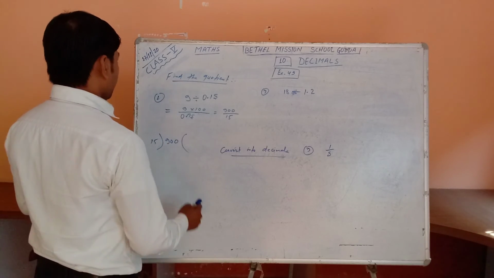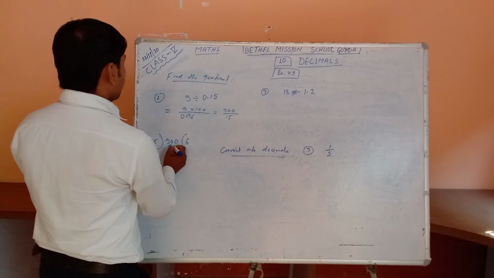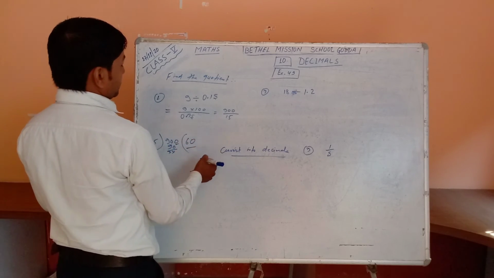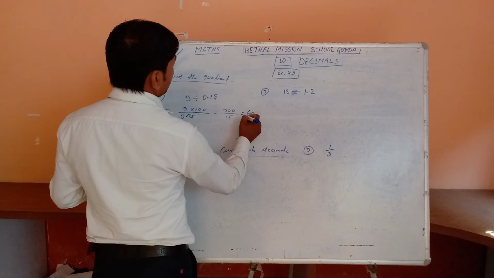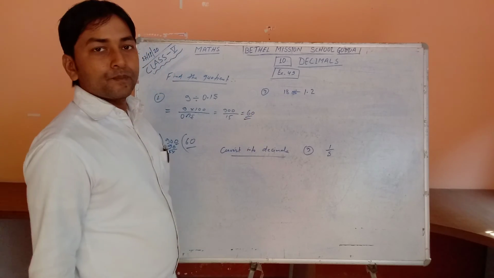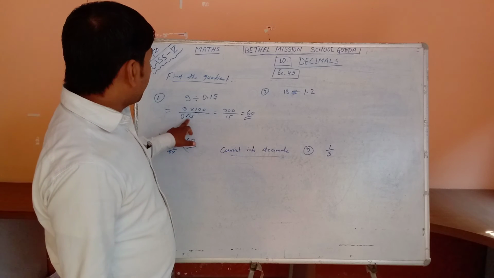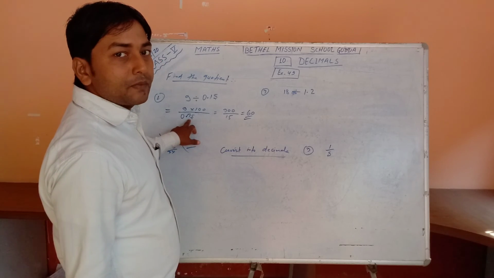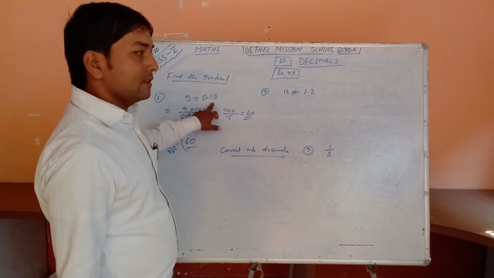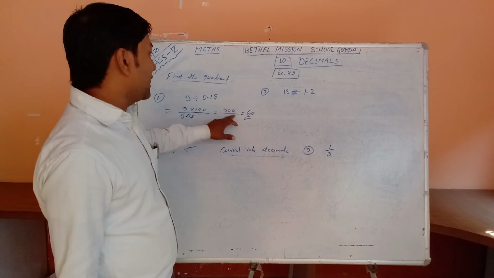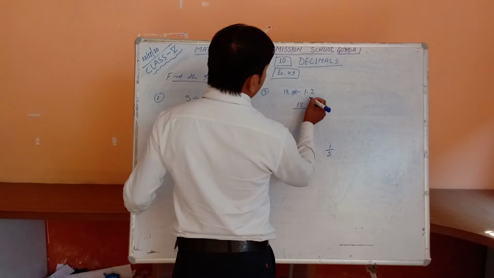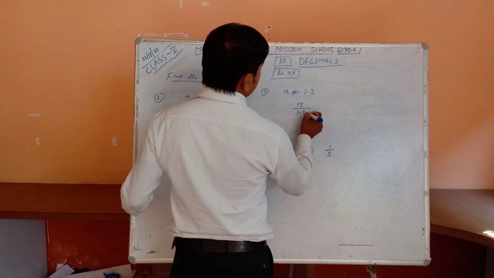15 6 times is 90 and 10 is left, so we can put 10. This is 60. Here you have to remove the decimal of the denominator, or divisor, make it free, and at last you can divide. Same with 18 by 1.2.